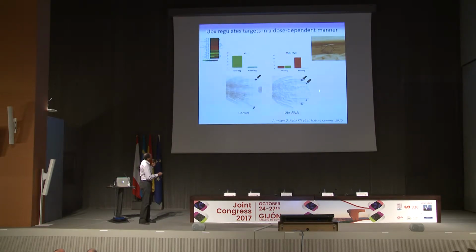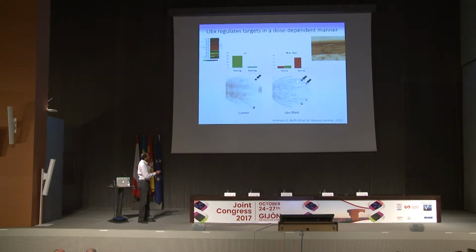And this is indeed what we found when we treat embryos with UBX RNAi. When we reduce UBX, then we have an increase in GILT expression in the second leg and also an ectopic expression in the third leg. What this means is that these differences in the dose of UBX between the two legs are actually there to modulate how much of certain target genes will be expressed.